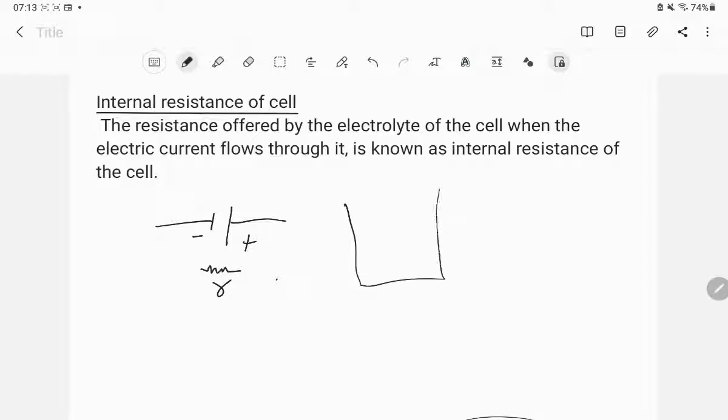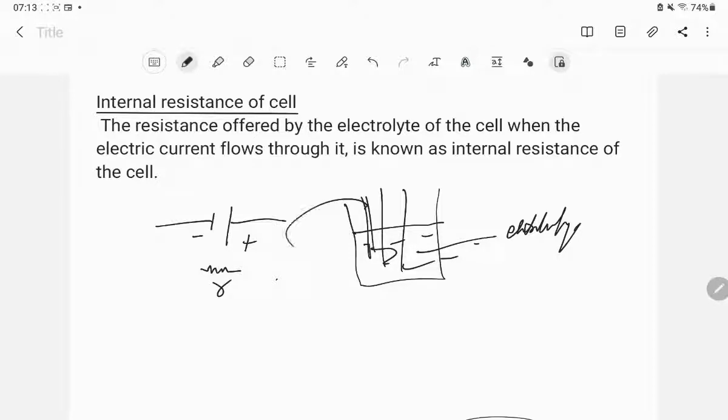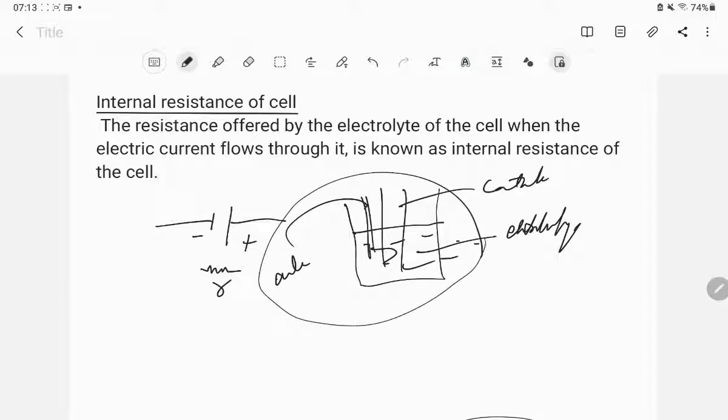In a cell, suppose this is the electrolyte, anode, cathode is there, so this is the cell and we represent it like this, so this is the electrolyte.